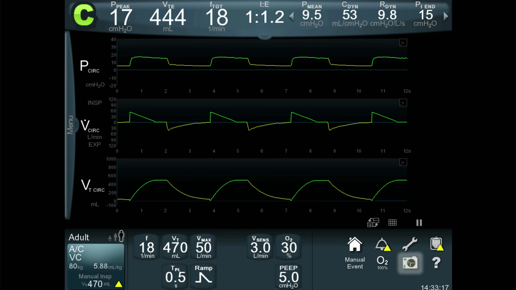And you can see here that the difference between this scenario and the previous one is that the flow pattern goes down to baseline and it's held there for a short period of time before it's released into expiration. So this is time cycled, decelerating flow, volume control ventilation. The patient isn't assisting any of these breaths. So this is volume control as well, even though it looks remarkably like pressure control.